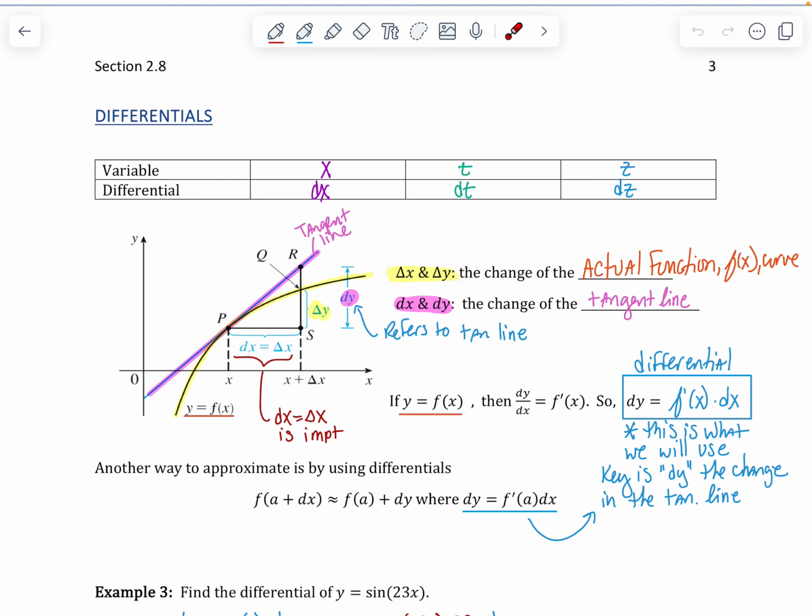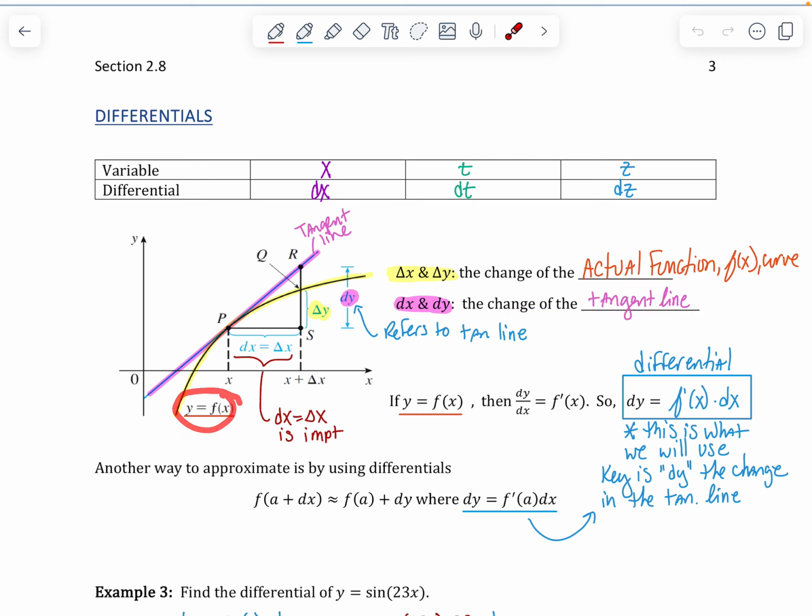You should already be familiar with the Greek symbol delta, which means change or difference, right? So delta x is the change from the actual function to some point on the curve, and delta y is the change for the actual function. But if we use dx or dy notation, this is the differential notation, and this is talking about changes in the tangent line specifically.